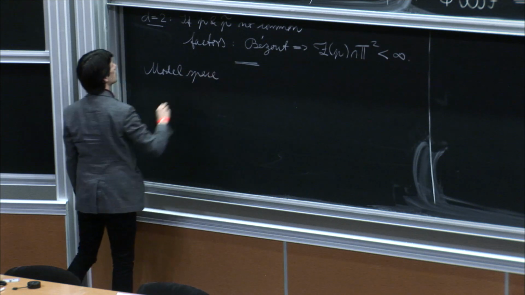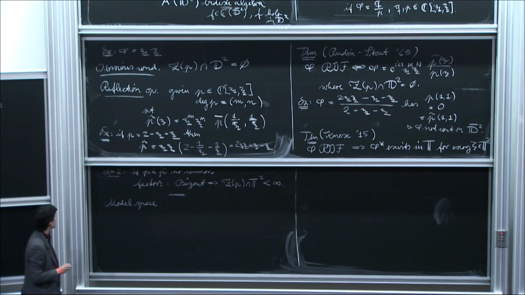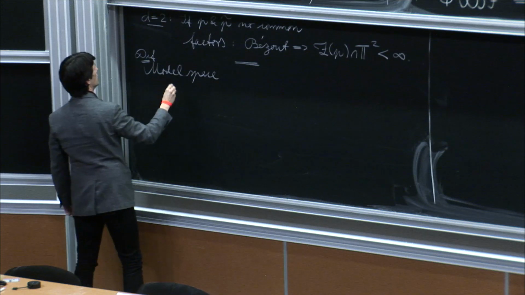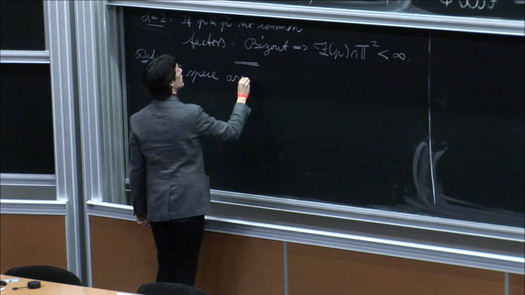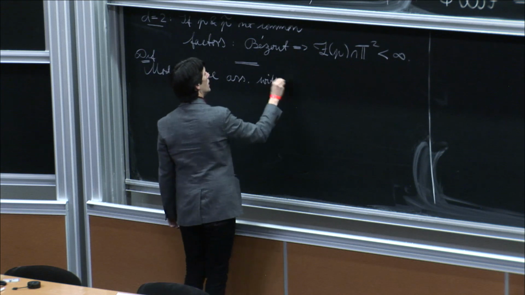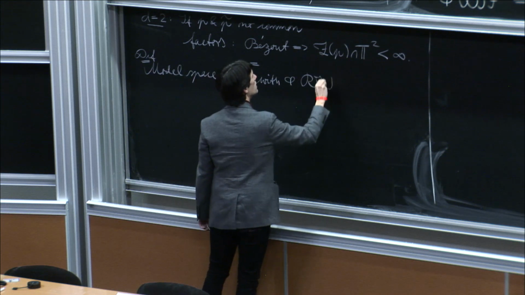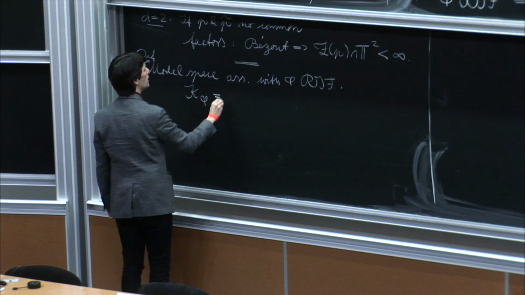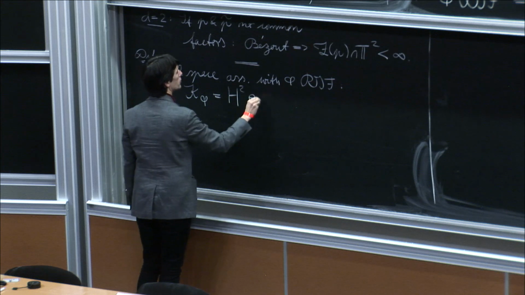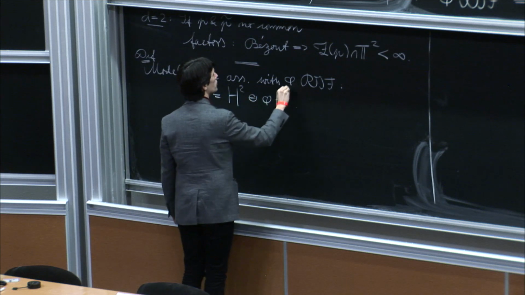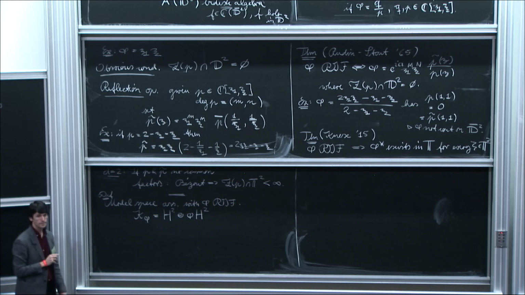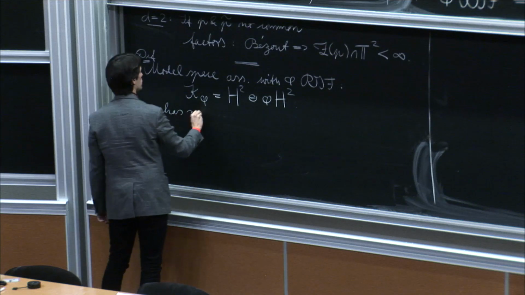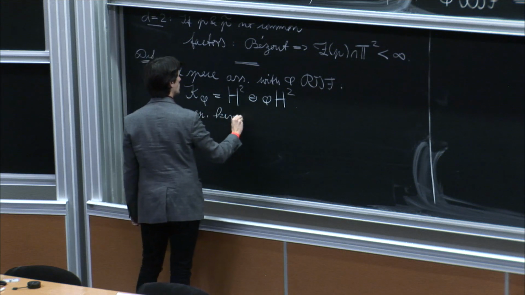So in order to talk about Clark theory, I need to introduce model spaces. The model space associated with a rational function phi is K sub phi, and this is the orthogonal complement of phi times H2 in H2. So this has a reproducing kernel.